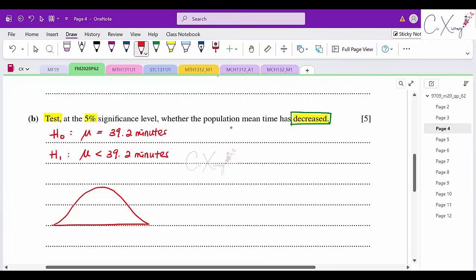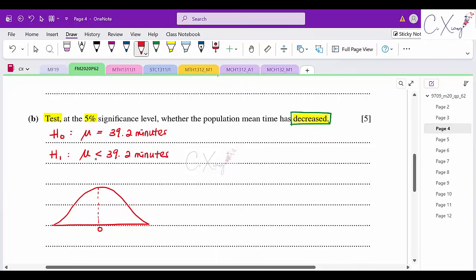All right, so how do I know what my critical value is and how to set it up? We are given a 5% significance level, right? So that means my rejection region or the area will be 5% or 0.05.